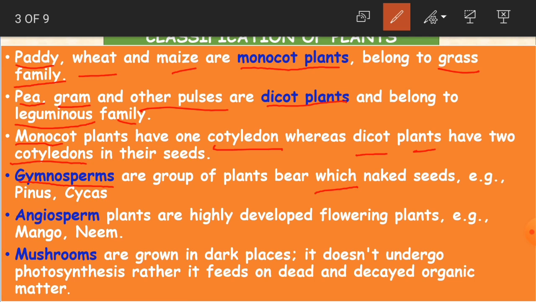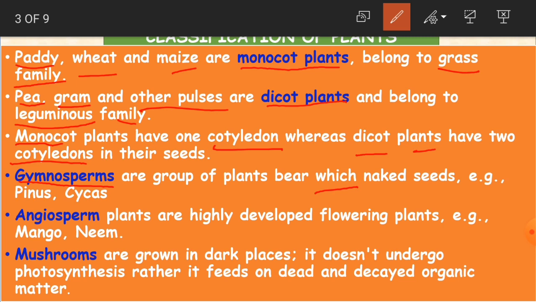They do not have flowers. So they'll have some cone type of leaves and seeds. These type of plants are called gymnosperms, and pinus and cycas are the examples. These type of plants are found in hilly regions actually.